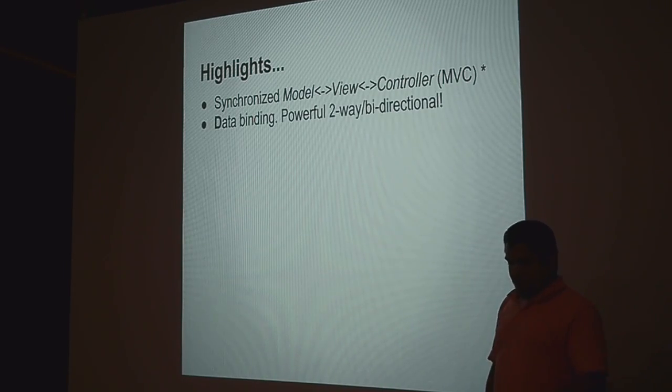And obviously, it's a data binding framework, just like Backbone and other things. The best part is it's a powerful two-way binding. The bidirectional aspect of AngularJS is pretty huge. I'm going to give a tiny demo, hopefully that convinces you of the power and use of AngularJS.